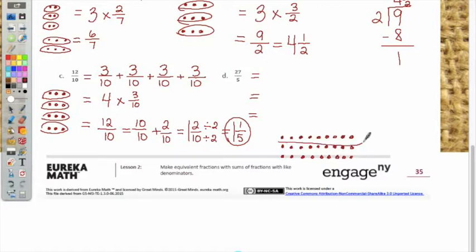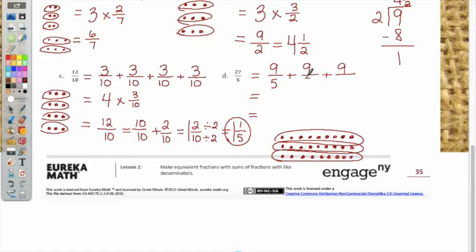And then go ahead and circle. So what will I add together for this one? 9 plus 9 plus 9. Does the denominator change?